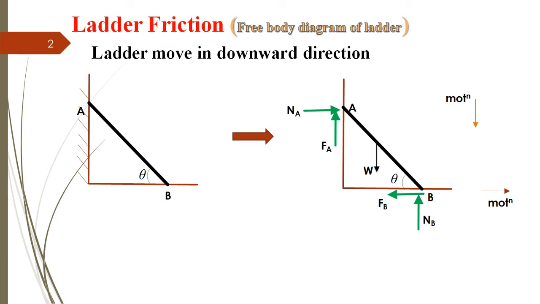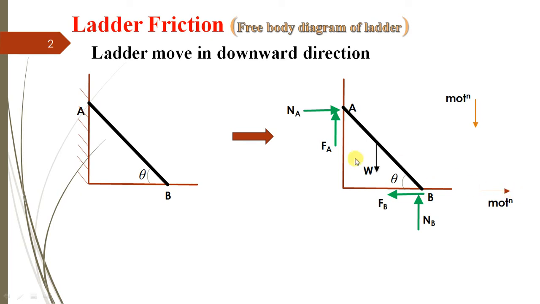So let's say this ladder is moved towards the right. When this ladder is moved towards the right, the point A will move in a downward direction. Here I have shown it by the orange color arrow. This point A is shifting in a downward direction and this point B is moving in a rightward direction.